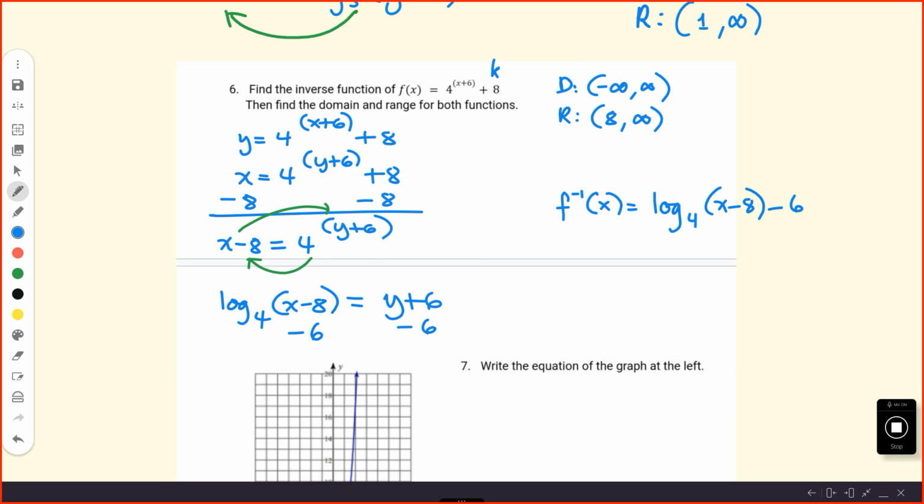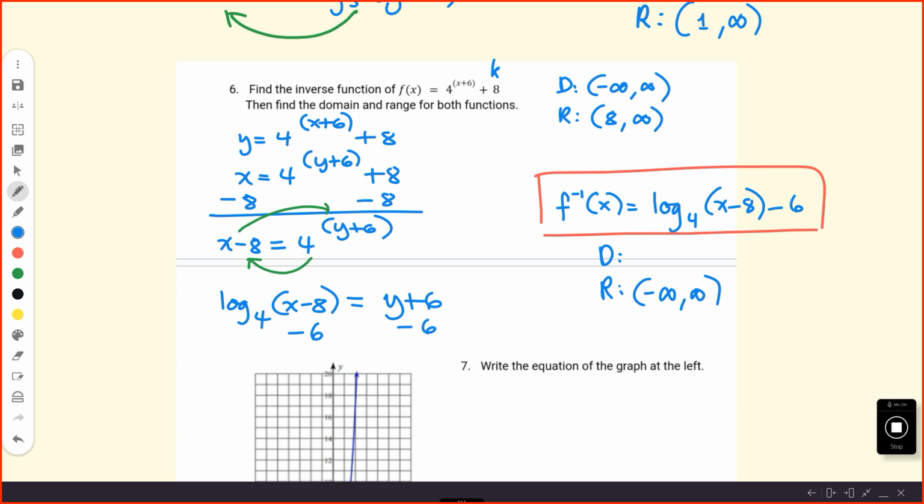Okay? So this is now our inverse. If we're asked to write the domain and range of both functions, again, the range here will be all real numbers, and then the domain here will just be the range from the exponential. Any question? Okay.